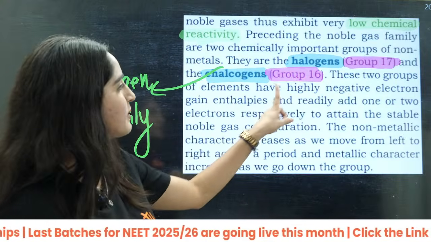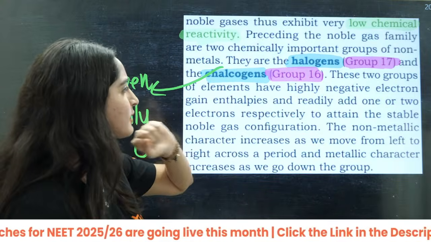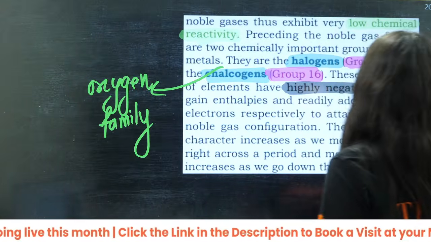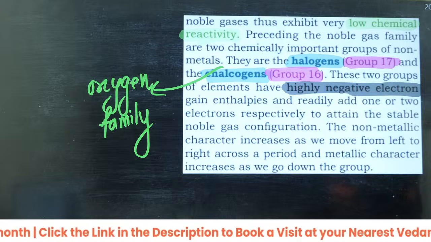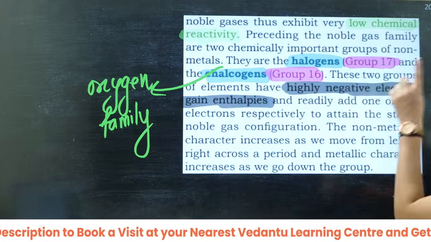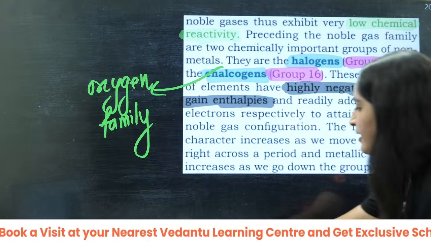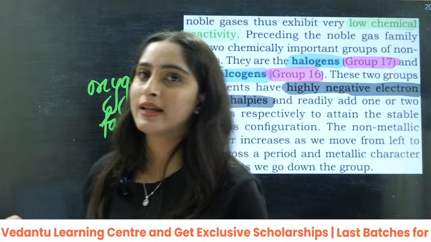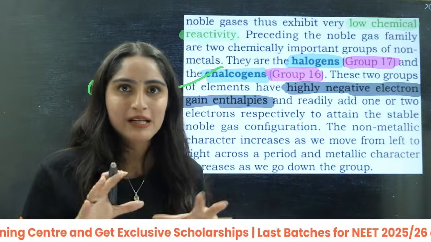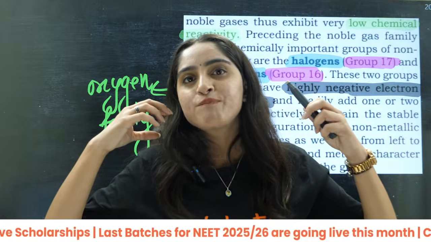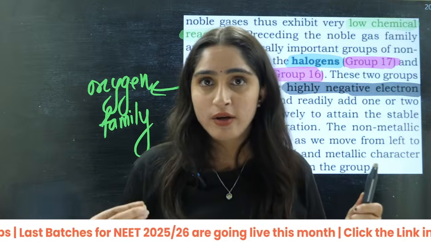Then, bacha, these two groups of elements have highly negative electron gain enthalpy. Very important again. They have very negative electron gain enthalpy and readily add 1 electron. Now beta, what is this electron gain enthalpy? I will tell you that, but for now just understand that electron gain enthalpy is about when you add an electron.